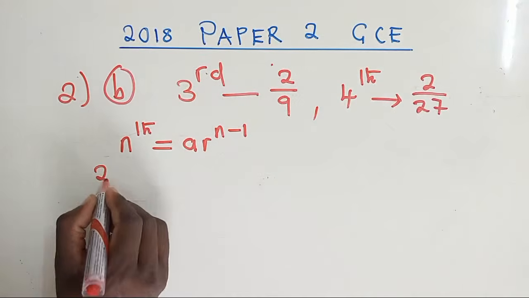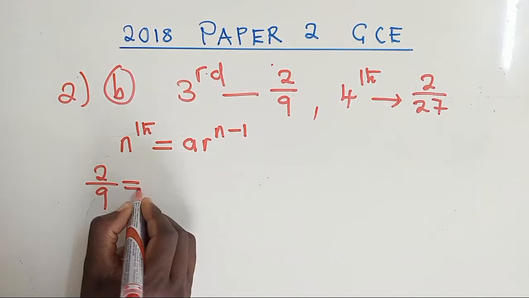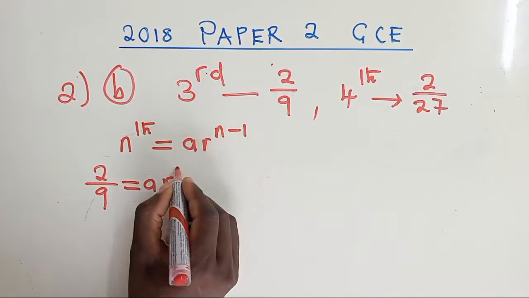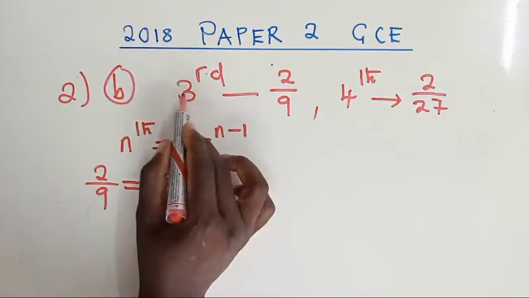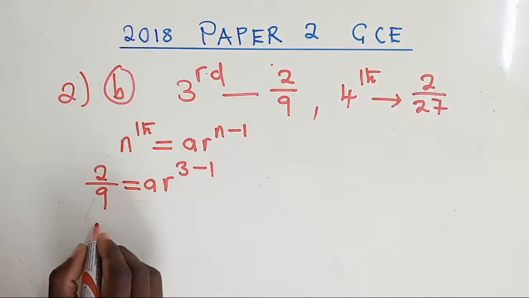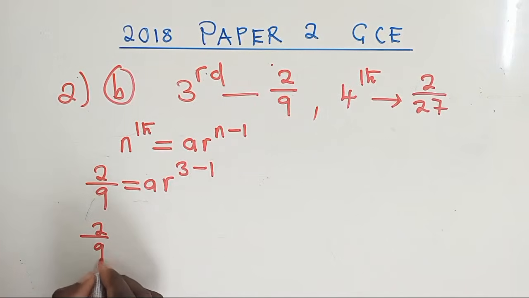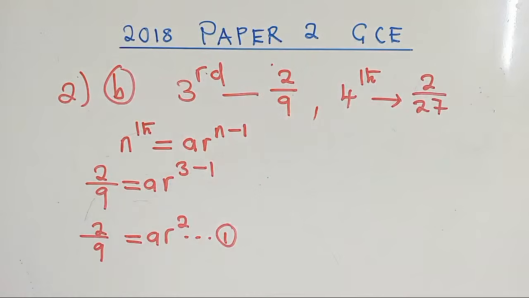It's 2 over 9, which is equal to a r, and there's a 3 minus 1. So if you're dealing with this one, write it right here, and the 3, third, write it on n. You simplify, you're getting something like this. So we call this equation 1. We keep it as our equation 1.